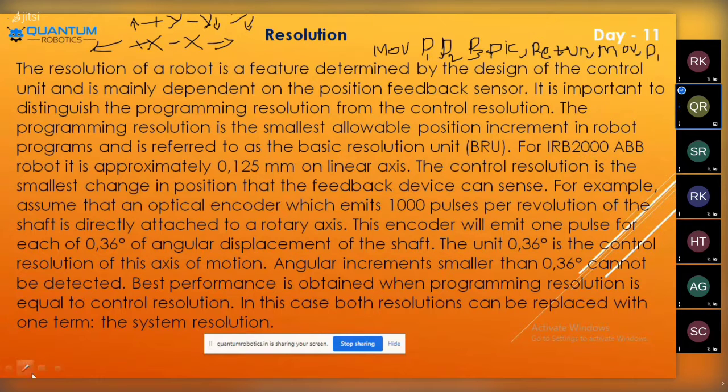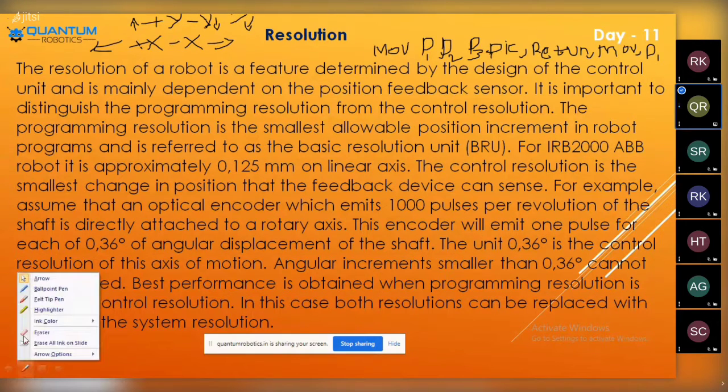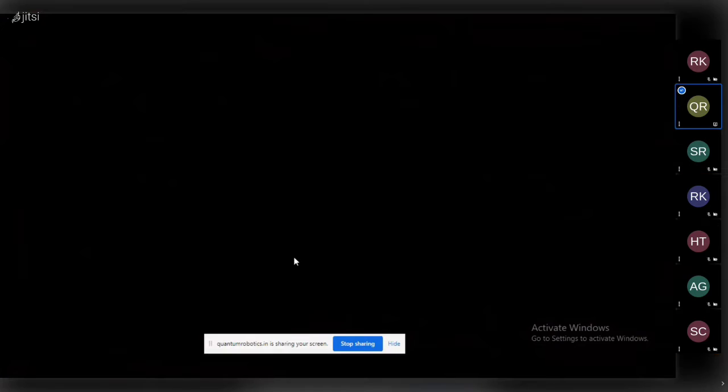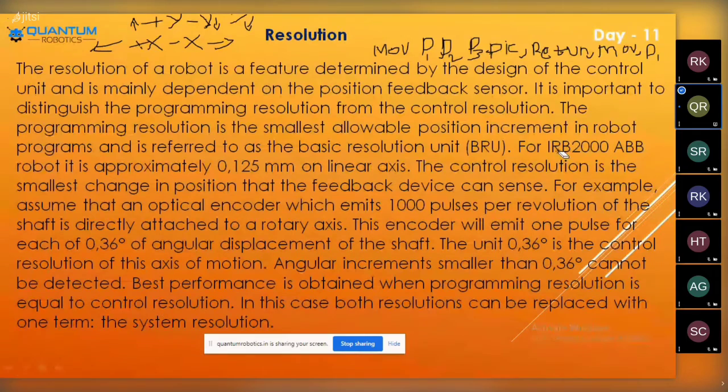That's why they mention that the IRB 2000 makes the robot approximately 0 to 125 mm. The 0 to 125 mm means that it is going to give the resolution points from 0 to 125 mm.